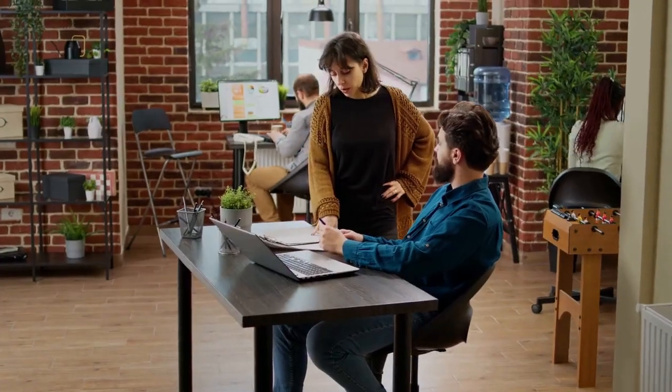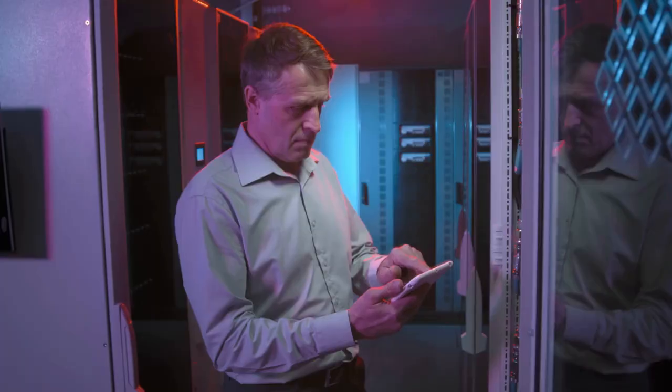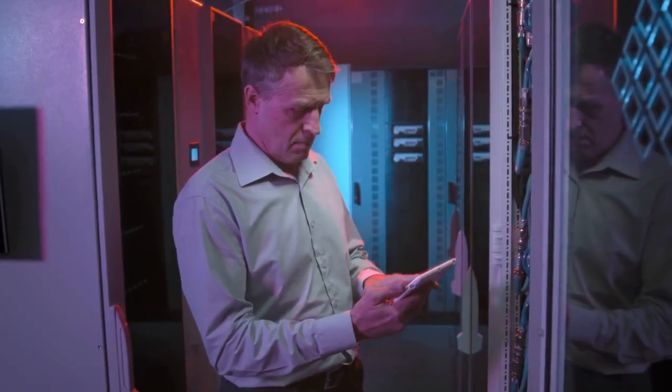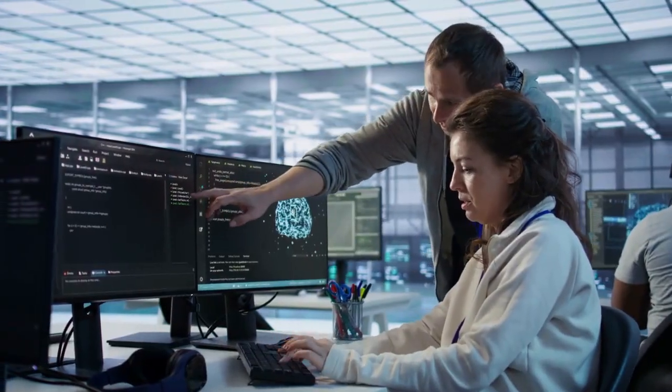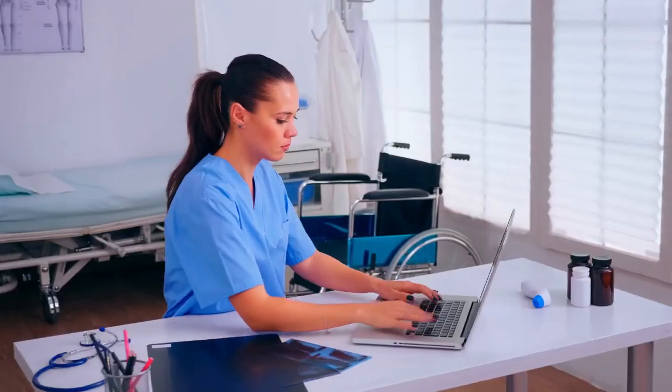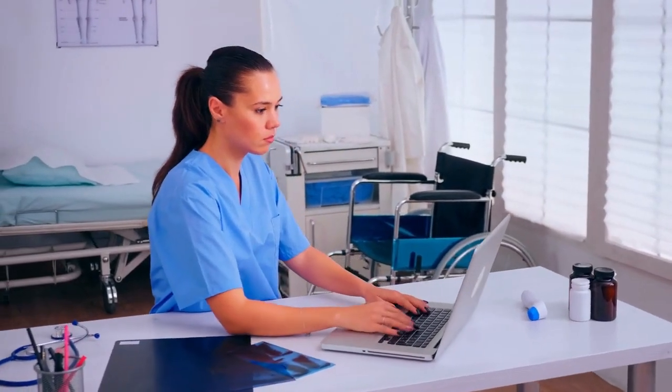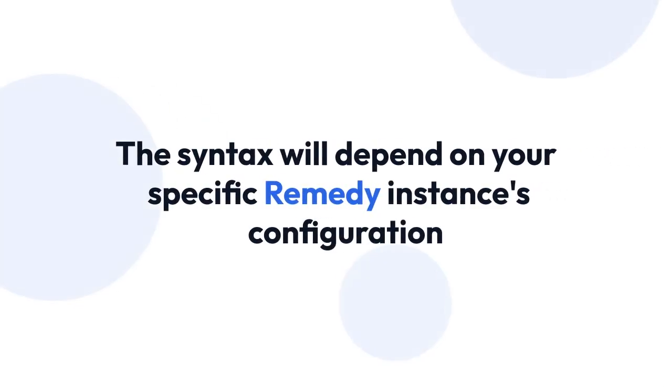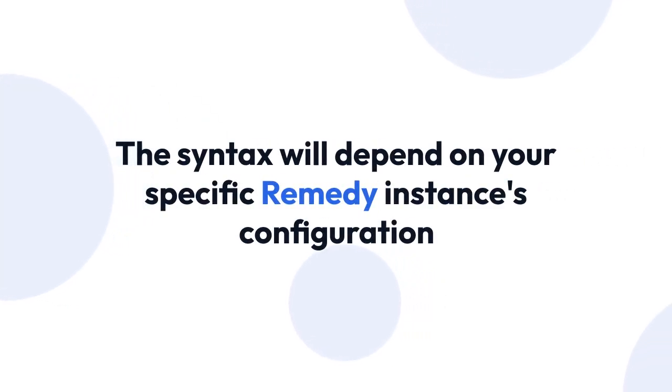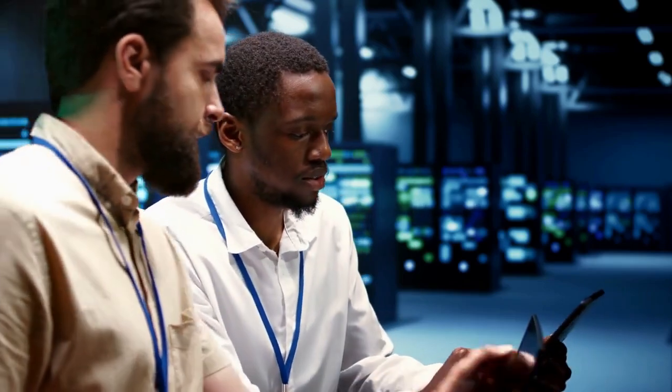This might involve specifying the exact username or email, using wildcards to match part of a username, or using comparison operators, etc., with date fields if you are interested in a particular time period. The syntax will depend heavily on your specific Remedy instance's configuration, and it's best to consult your Remedy administrator or documentation for the correct syntax.